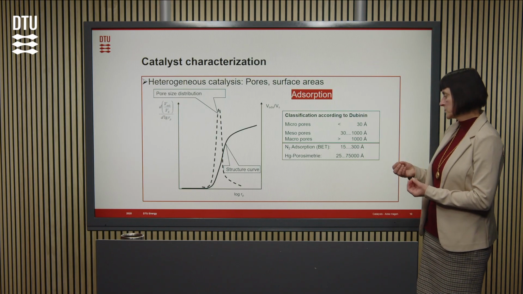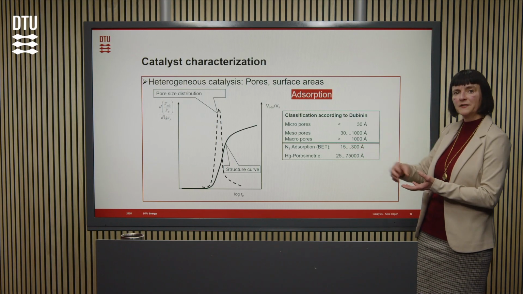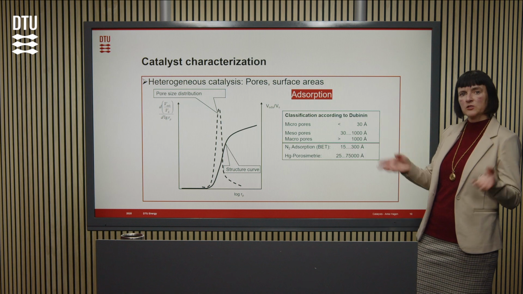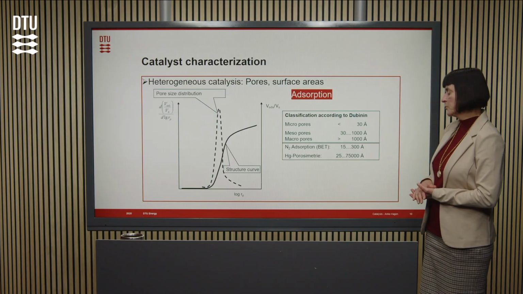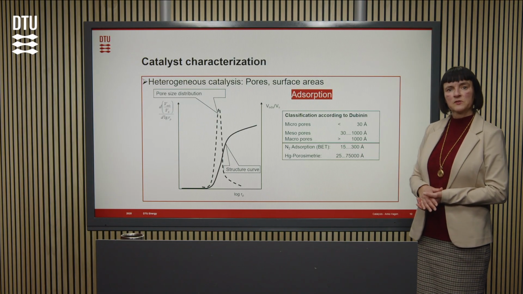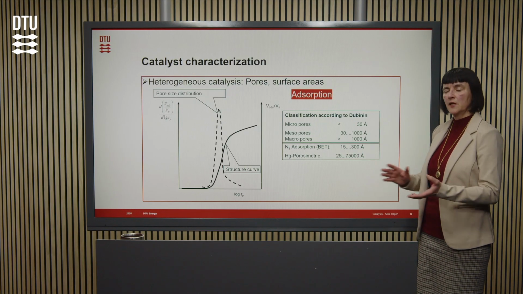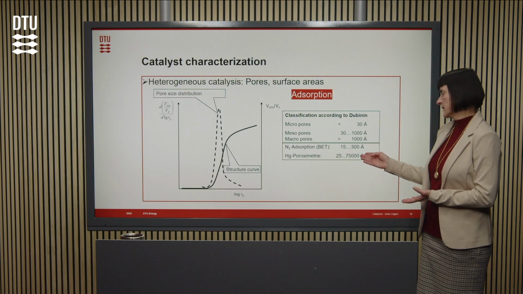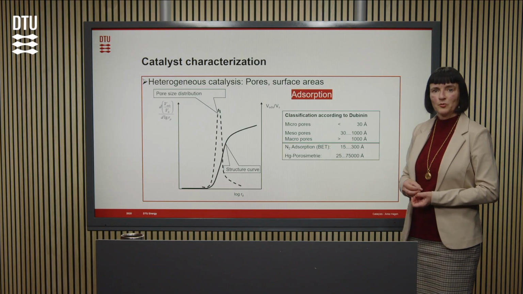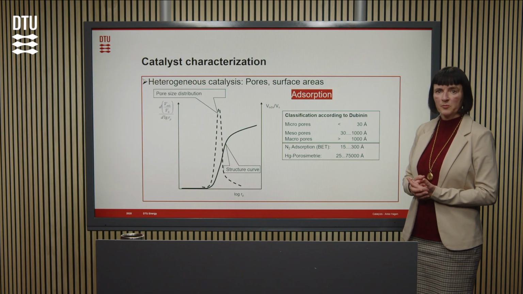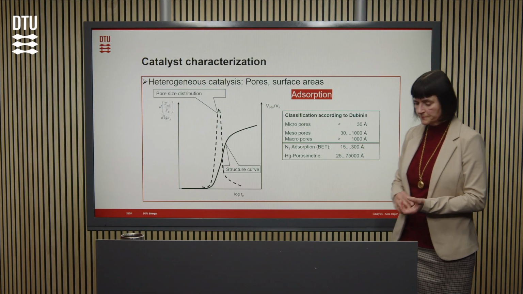For the small pores, you can easily take nitrogen, a quite small molecule, so it's easy to penetrate everywhere, and you can measure how much nitrogen was adsorbed, covering the surface and the pores. If you have bigger pores, then mercury porosimetry is the method of choice, where you press the mercury into the pores and then from the intrusion you can calculate the sizes of the pores and also the surfaces. That is quite important to judge transport properties and also to judge where I can deposit my active sites.